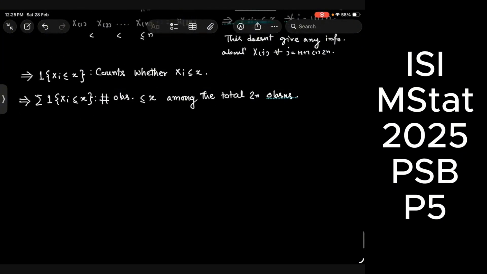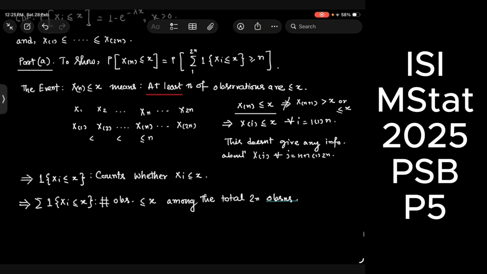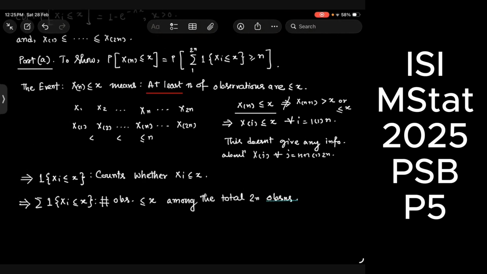So the two events are identical. Do you agree?